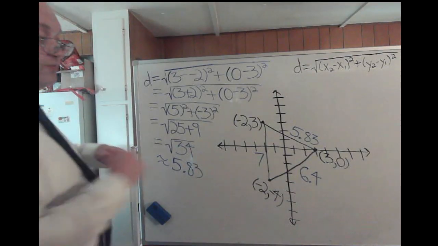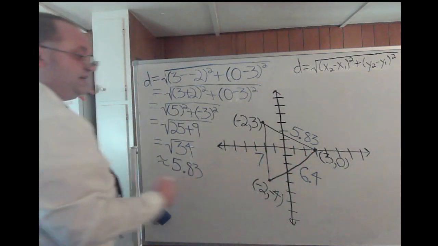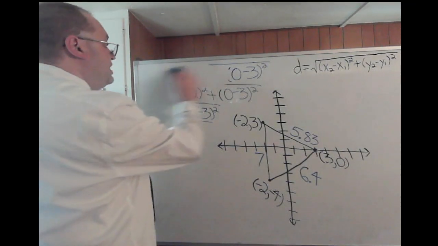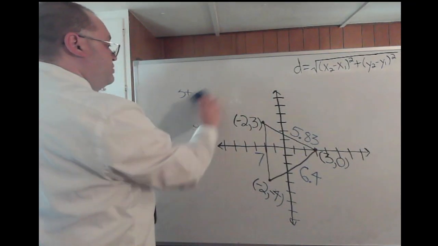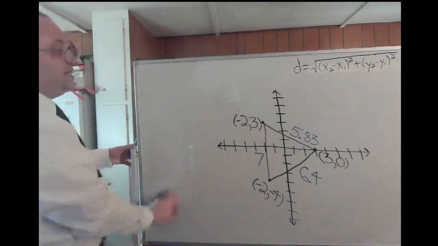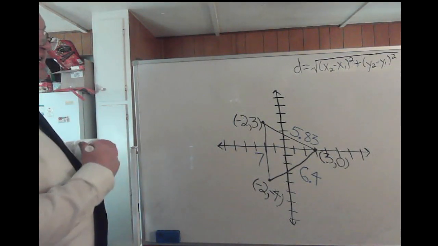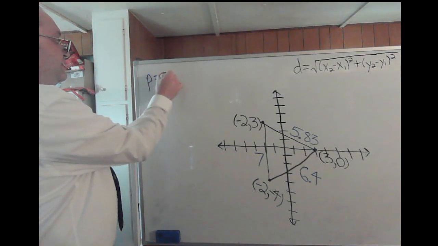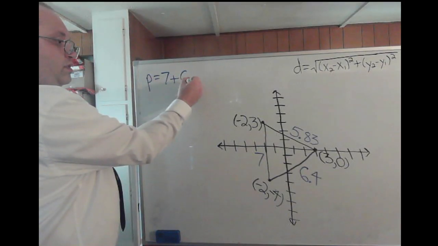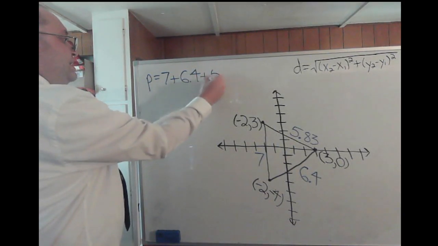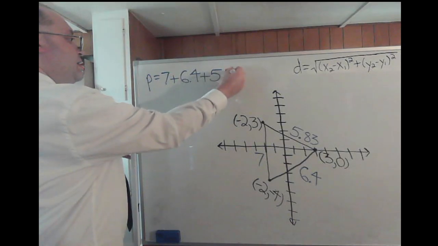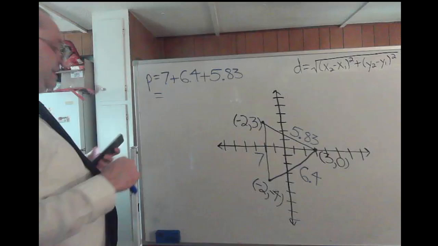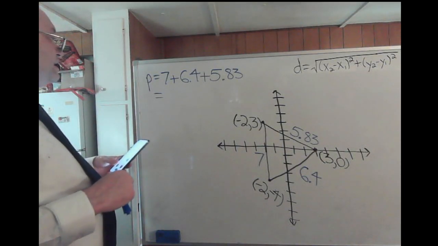Alright, so now we know the 3 distances, which are the lengths of these 3 sides. We can go ahead and add them up and get the perimeter. I know this seems like quite a bit of work, but when you're dealing with coordinate geometry, it usually is. It's not hard, it's just a lot. So the perimeter is going to be equal to that 7 plus 6.4 plus 5.83, which we'll just put into the calculator for time's sake.